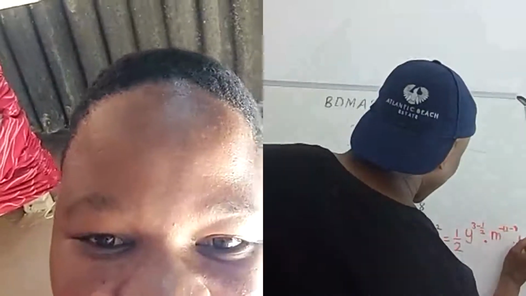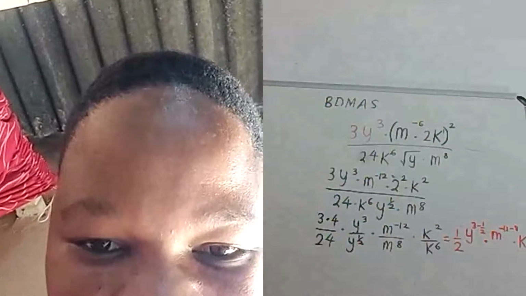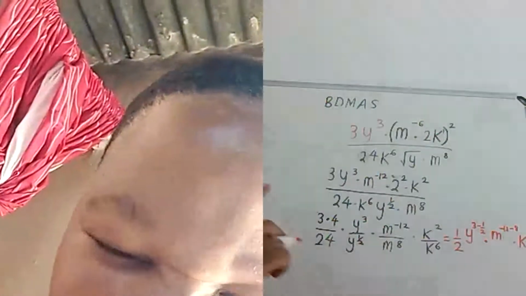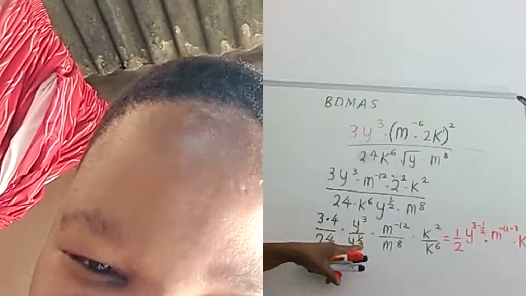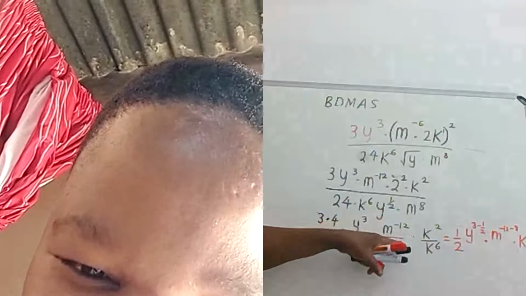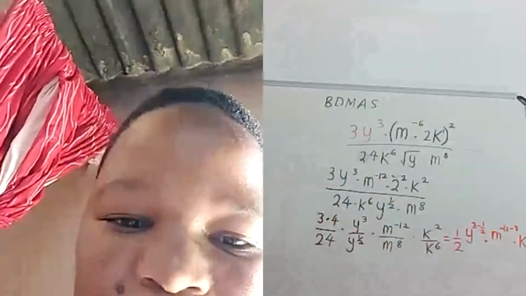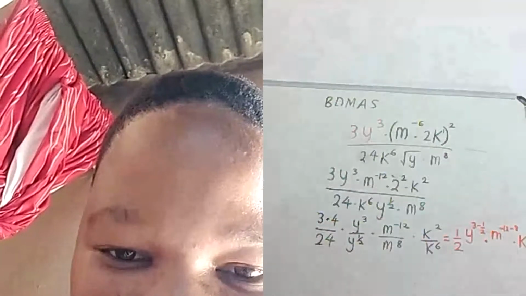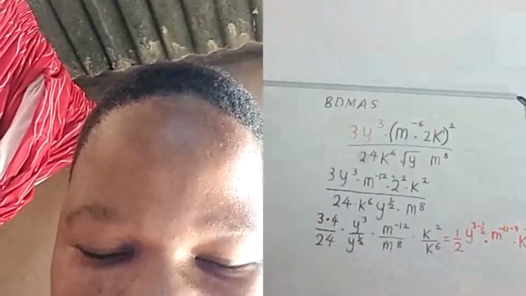It's going to become k. Look how you did here, 3 minus 1/2. You must take the top minus the bottom. So here it's 2 minus 6, which is going to give us -4.